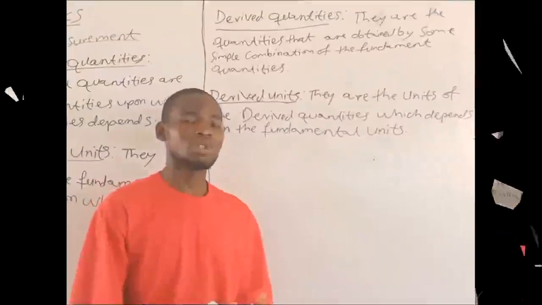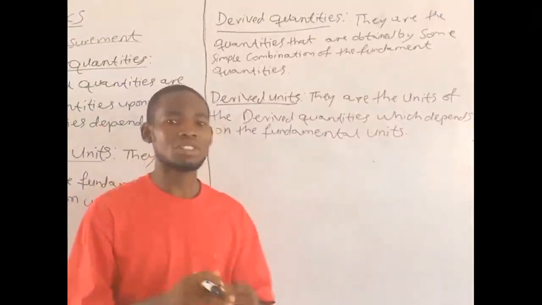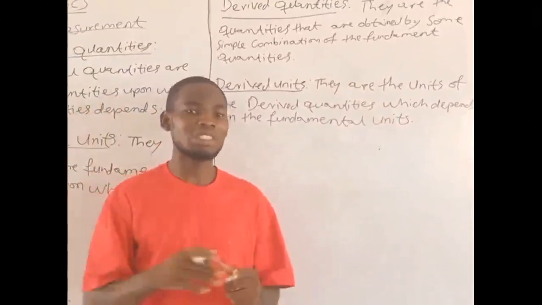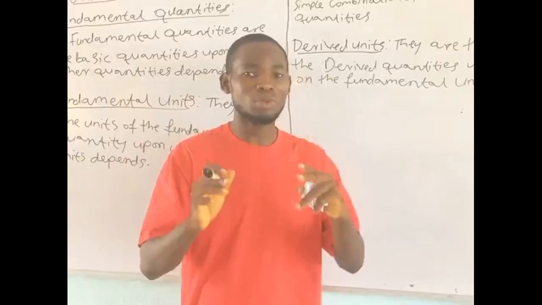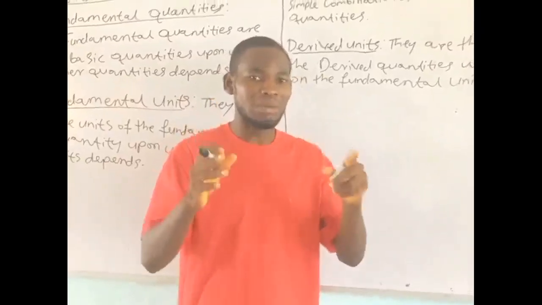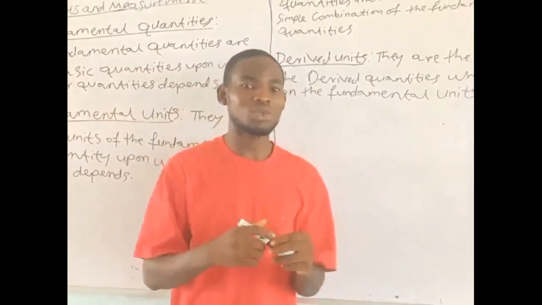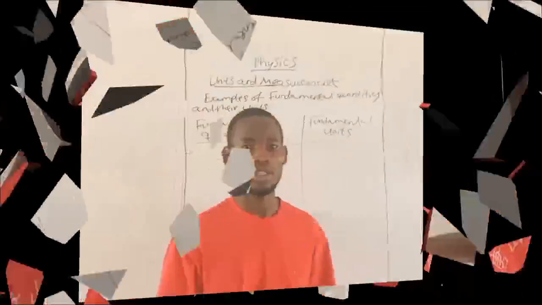The derived units and the derived quantities, all of them depend on the fundamental quantities and the fundamental units. Now, I'm going to give you examples of the fundamental quantities and the derived quantities with their units and derivation.